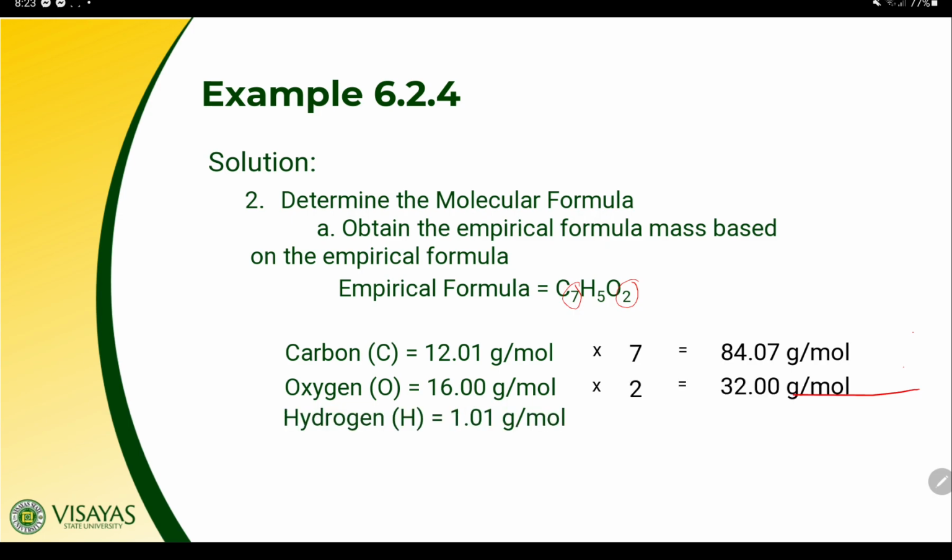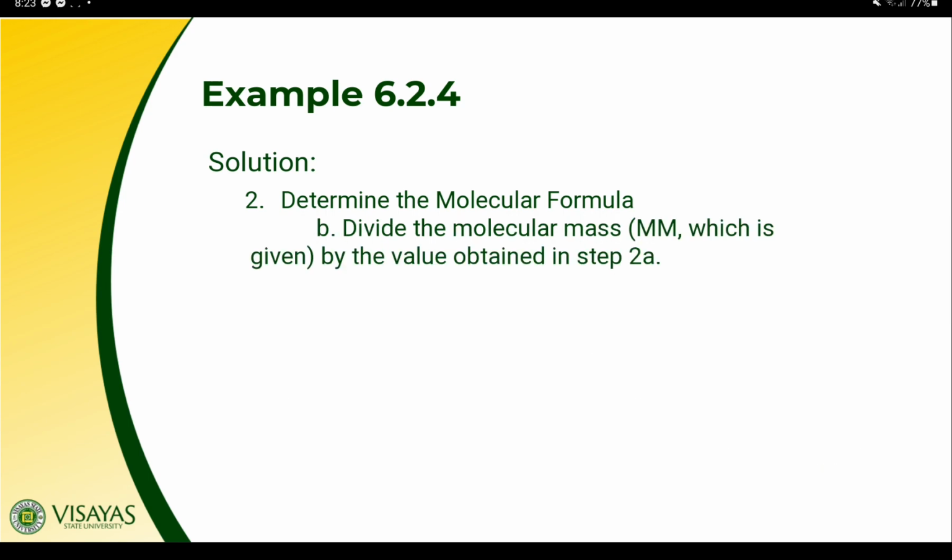And for hydrogen, we have 1.01 times 5. So we have 5.05 grams per mole. And the empirical formula mass then is 121.12 grams per mole.